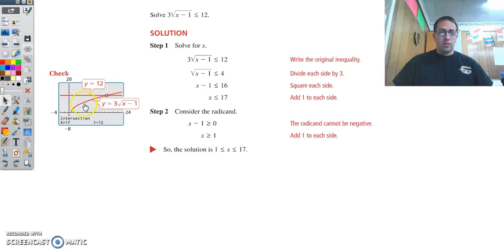We want it to be less than, so that goes all the way down here. But you notice here, the curve stops. Our radical function, the graph stops, because after this, we have imaginary numbers. And so that's no good. And so we only want from 1 up through x is 17. And that's why we have to consider this radicand.